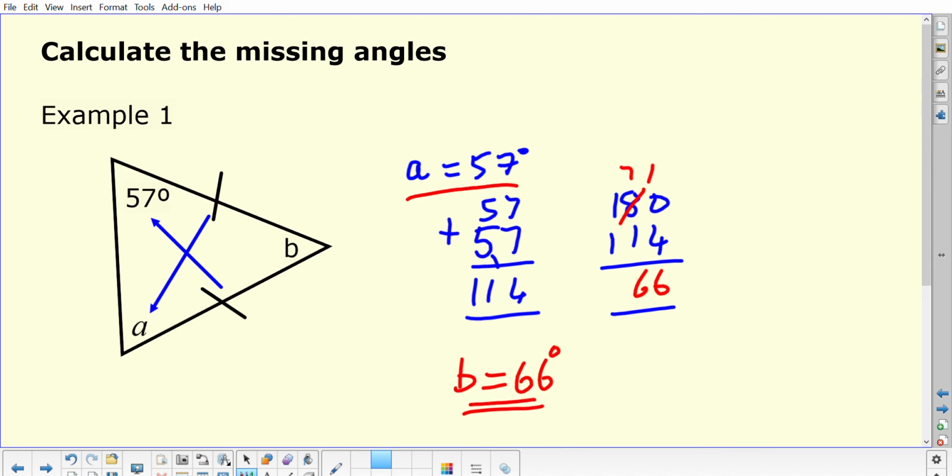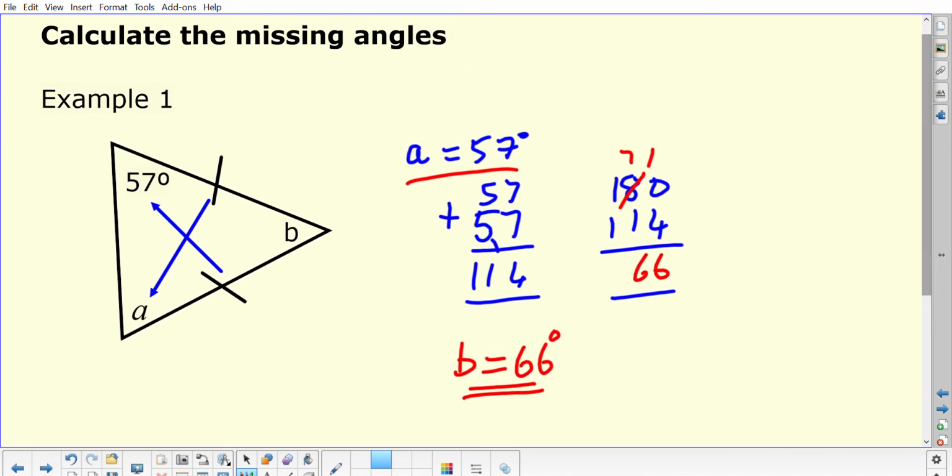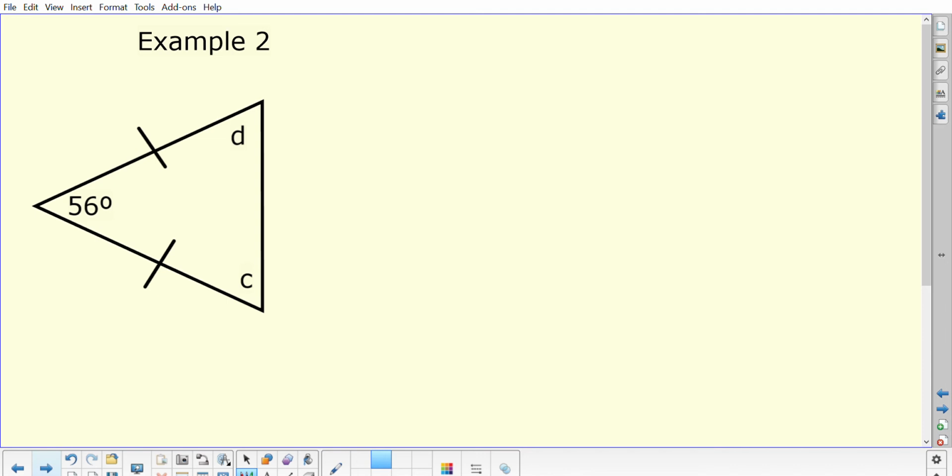So even though we only had one angle, we could still work out the other two, but that's because it's an isosceles triangle. So here's a second example. Again, it's an isosceles triangle.